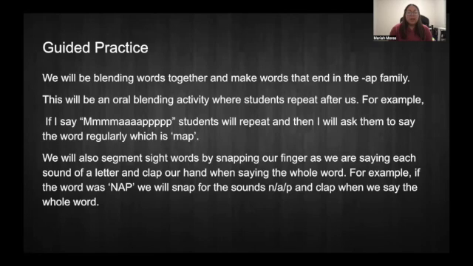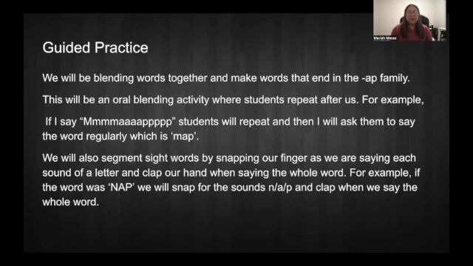If I have the word map, map, map. This time you guys with me. Map. Good job.